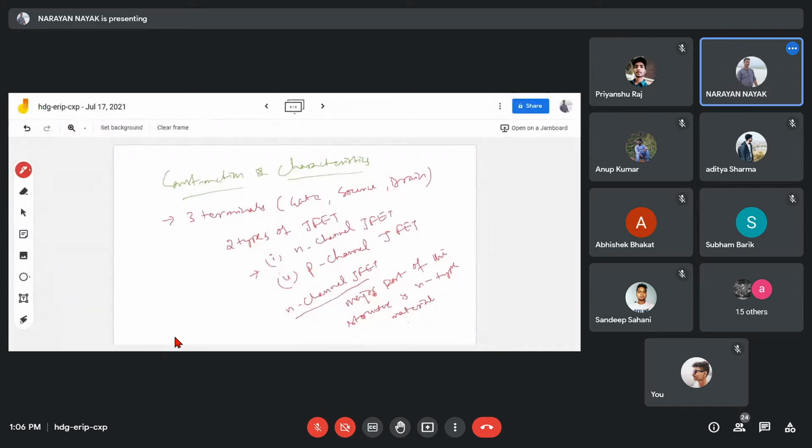Understood? If you are using P channel JFET, the major part of the structure is P-type material. Now I will discuss the N channel FET, then you can understand the structure of P channel JFET.